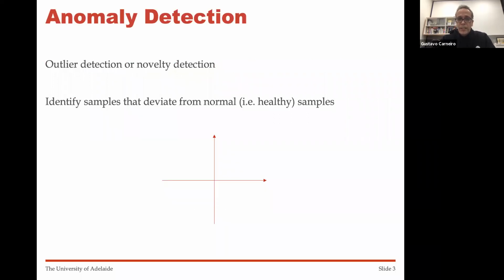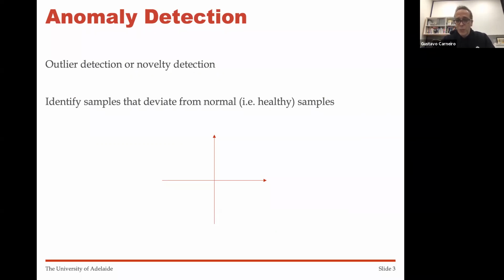Before I get started, let me first introduce the problem of anomaly detection. Anomaly detection is the problem of detecting outliers or novelty in a distribution. The idea is that you want to identify samples that deviate from a normal distribution of samples, and normal here usually means samples from a healthy population.